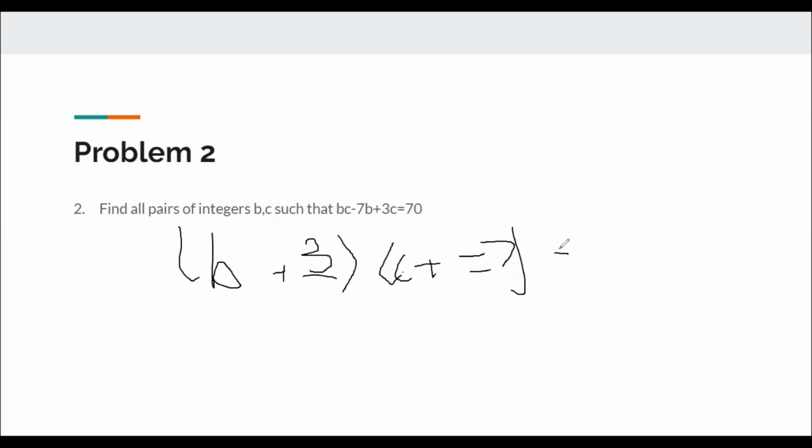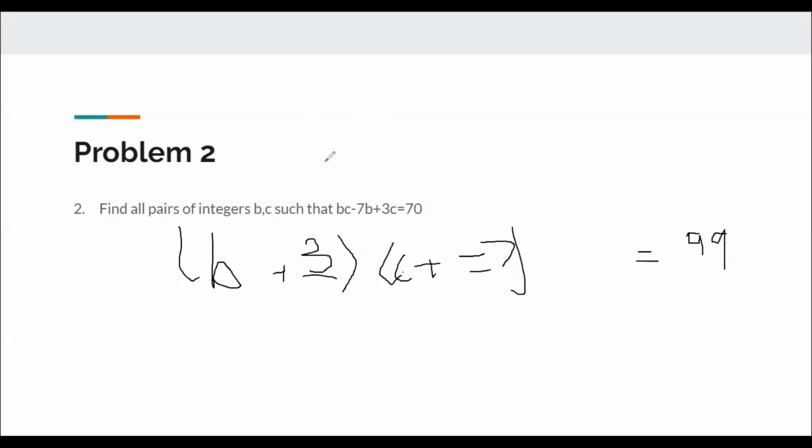So you can add 21 to both sides. Sorry, you can subtract 21 from both sides. And then you're going to get this is equal to 49.